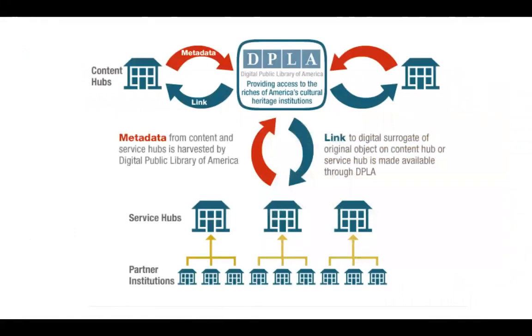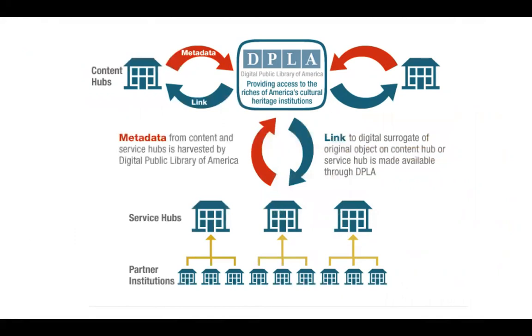So to start off, DPLA's main activity is metadata aggregation. So we gather metadata from our hubs, and then we make that metadata free for all to find and build on further. Content hubs, which you can see at the top, are single institutions or very large organizations that share records directly with DPLA.